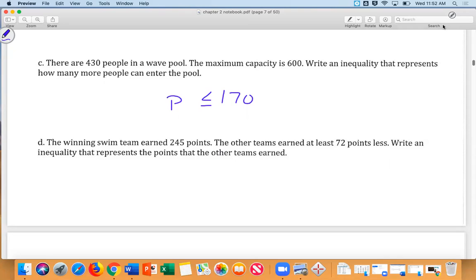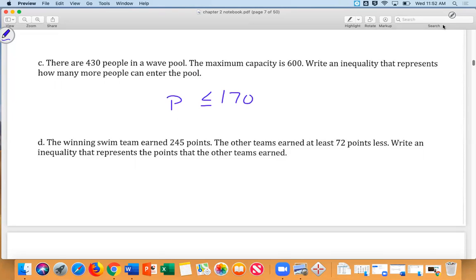So let's think about it this way. Obviously you won, right? You win at swimming. So your team had 245 points. Everybody else had less than it. How many points did the second place team have? The first place team had 245, and the other teams had at least 72 points less.